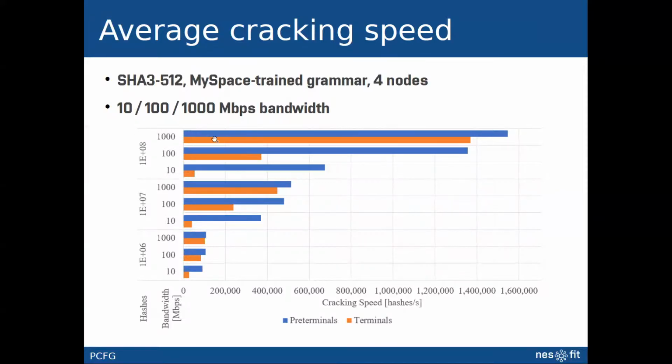So this chart shows the cracking speed for 10, 100, and 1000 megabit lines. And you can see with the 10 megabit, the results are excellent here. So the lower bandwidth you have, the bigger the advantage of the preterminals is.